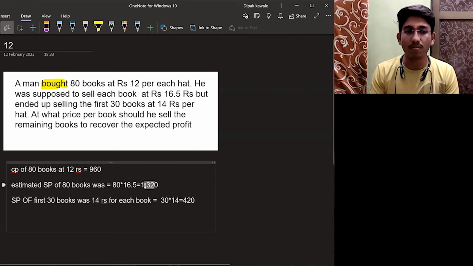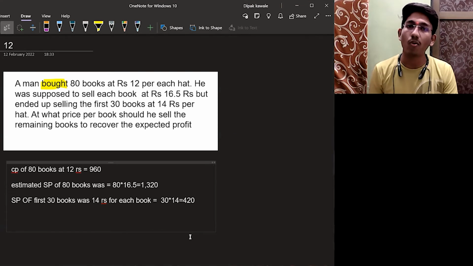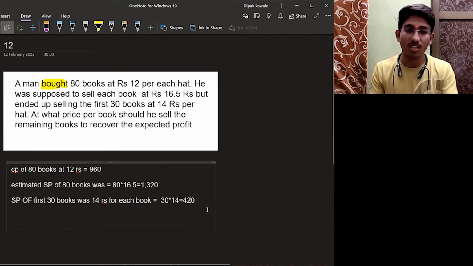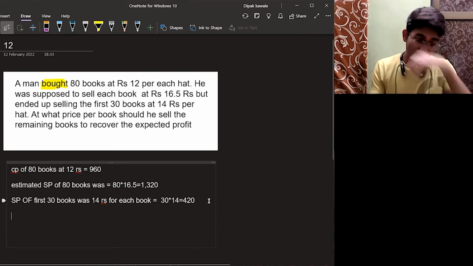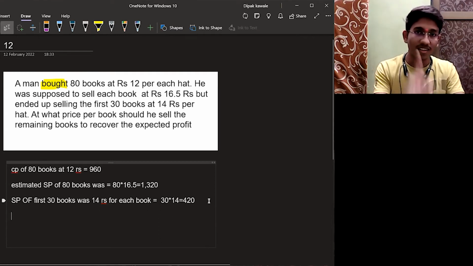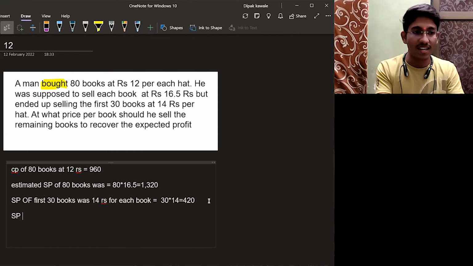My estimated price was 1320, and till now I have gained 1200 rupees. That means how much money should I have? 1320 minus 1200, which is nothing but 120.